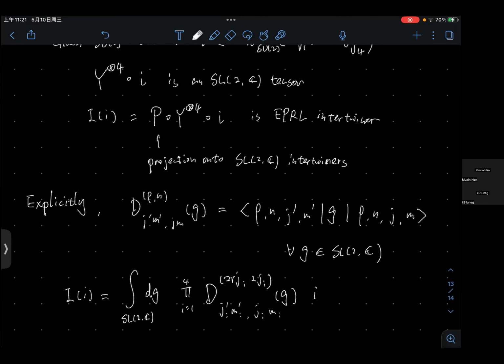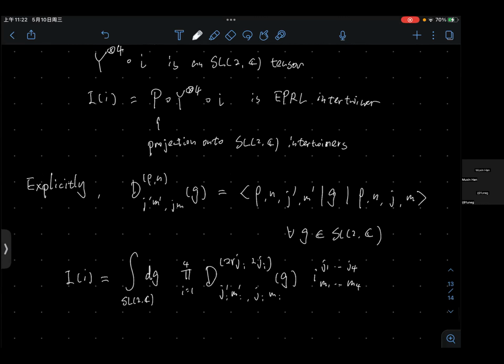Now this Wigner D matrix is a representation matrix, but it is acting on an SU2 intertwiner. So this is the explicit expression for the EPRL intertwiner.